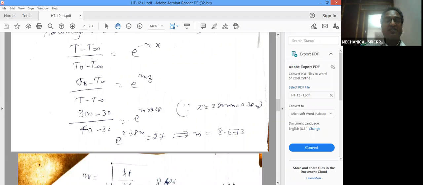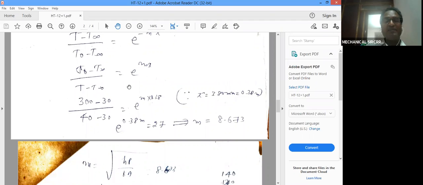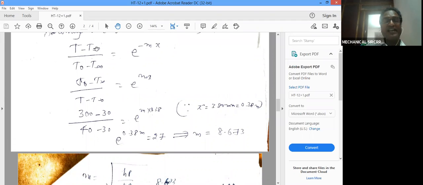Nothing else has changed. You reverse this temperature ratio just to make the calculation easy. Don't worry, you can also substitute directly here.